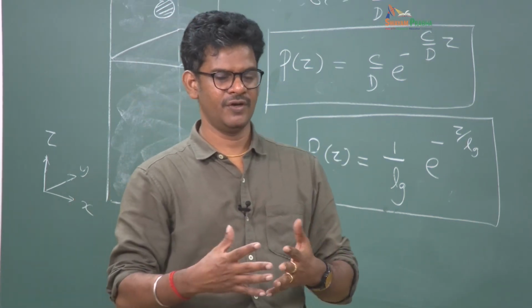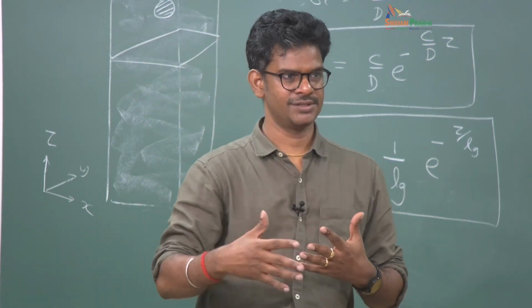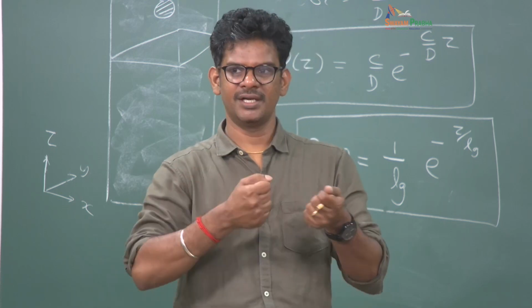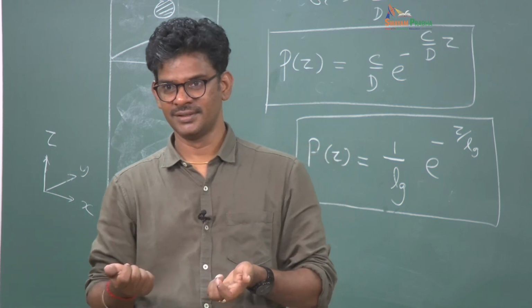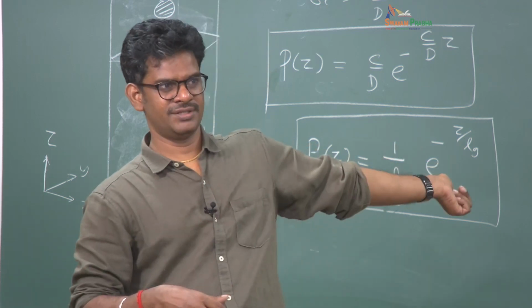Now, in reality, when you have very high volume fractions of particles, high concentration, the relative motion and interaction between the particles can also influence each other. That ingredient we have not put in this theory.